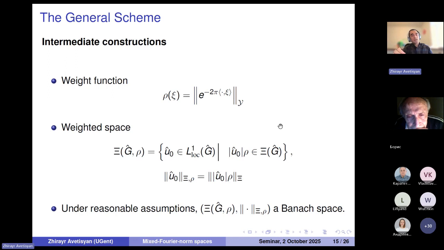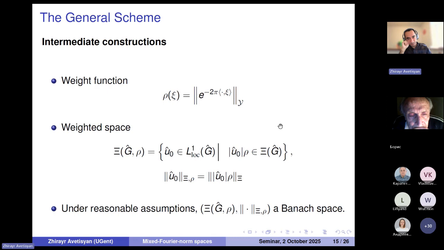So we had pretty arbitrarily chosen our favorite space of distributions on the dual space psi G hat. Now we make a weighted version of it in the following way. This collects all possible locally integrable functions u naught hat, so that its absolute value multiplied by rho falls into this Banach space psi.